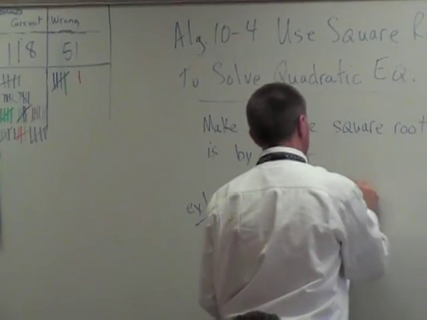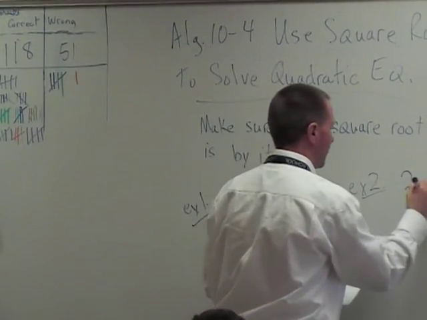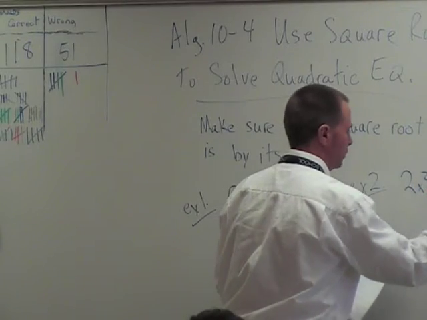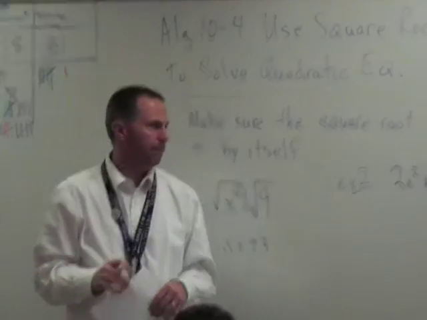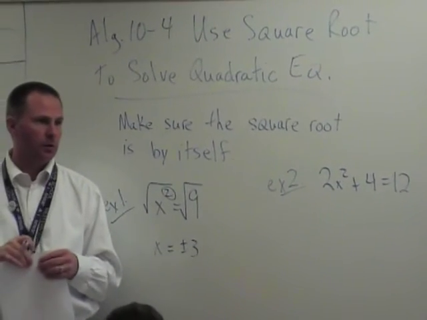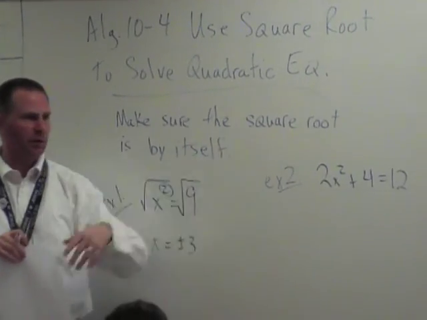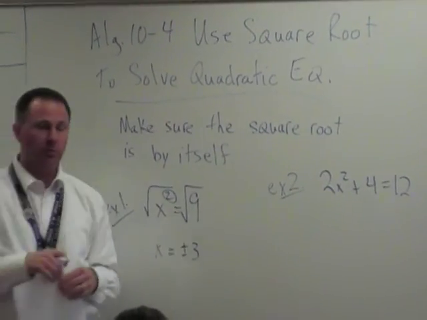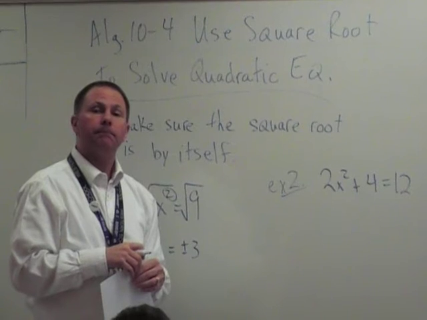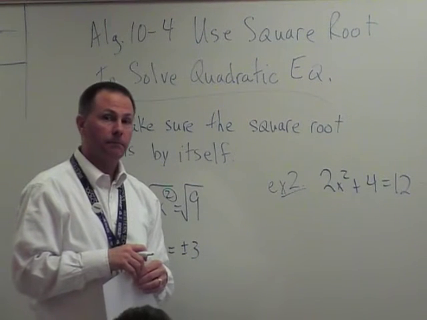Example 2. 2x squared plus 4 equals 12. It's not by itself, actually the square, not the square root. You're going to use the square root here in a minute. Not 8, 2.